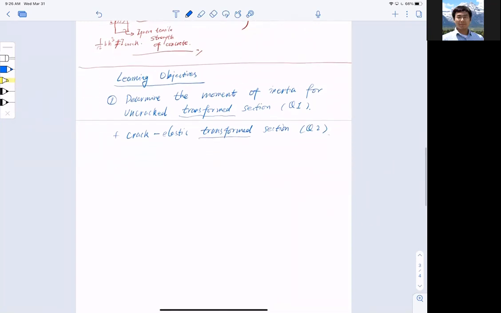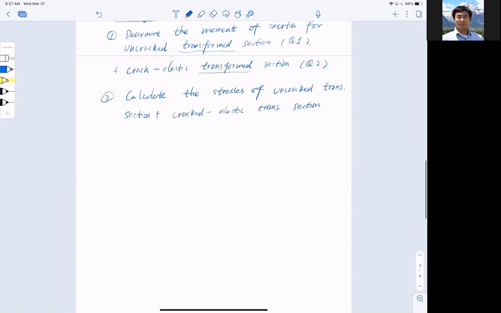And of course, with that, we will be able to calculate the stresses of the uncracked transformed section and also the stresses of the cracked elastic section. These are something we need to know how to compute.